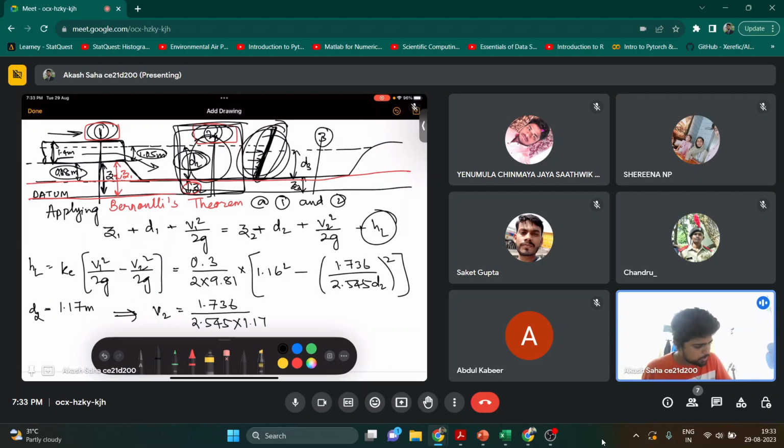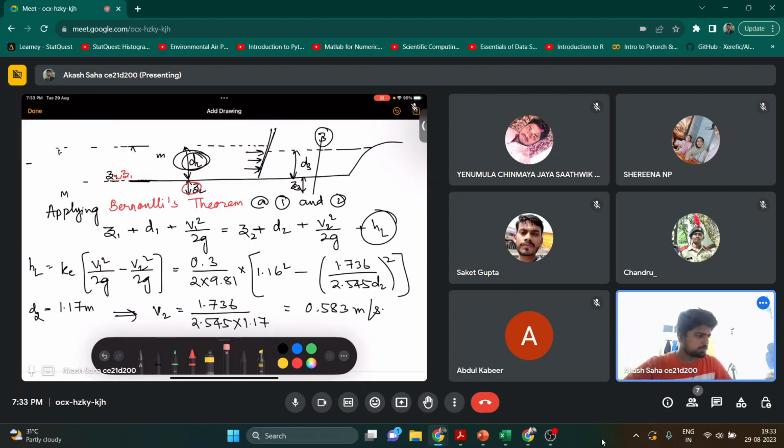D2 is 1.17. So it will be 0.583 meter per second. Now it is clear, right? So in the second portion, the velocity will be 0.583. Okay, I will rub everything.